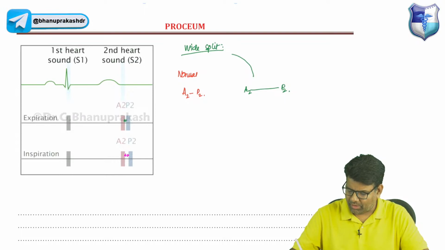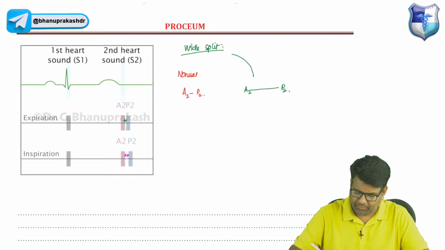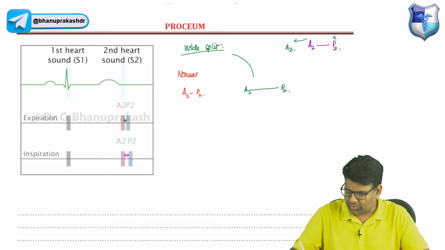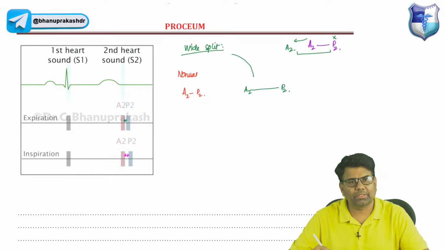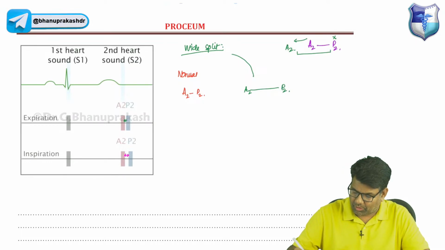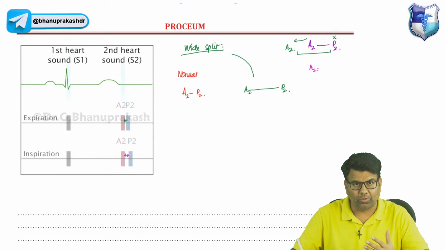Suppose we are using A2 and P2: either P2 remains at its position and A2 shifts a little early, so there is early closure of A2, which will widen the second heart sound, or A2 remains at its place and closes on time, but there is delayed closure of P2, which will again widen the second heart sound.